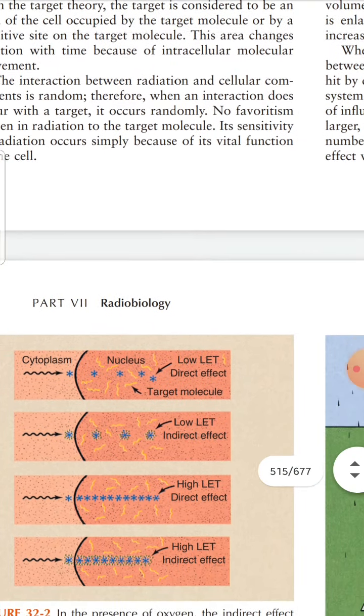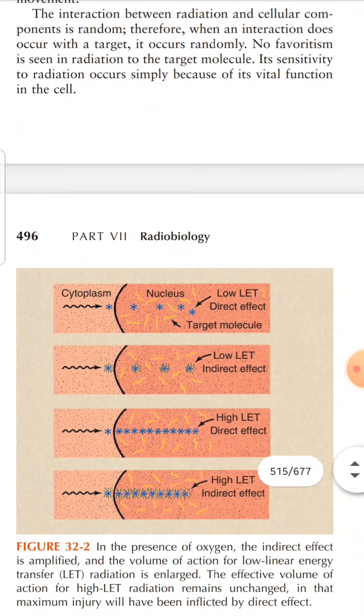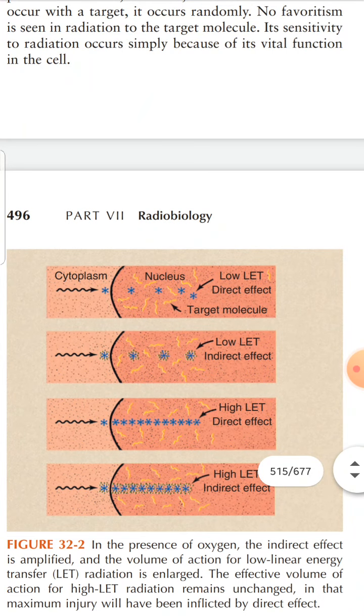And then we explained some scenarios through this diagram. In the first scenario, we said that we have low linear energy transfer radiation, and we also described the linear energy transfer, that it is the rate at which the ionizing radiation is transferring energy to the soft tissue.